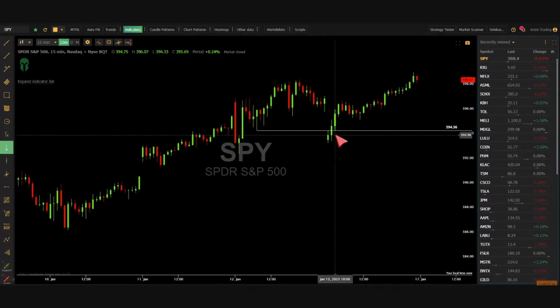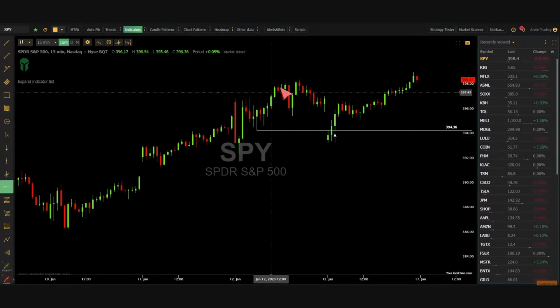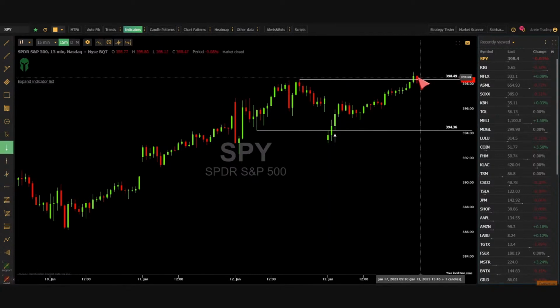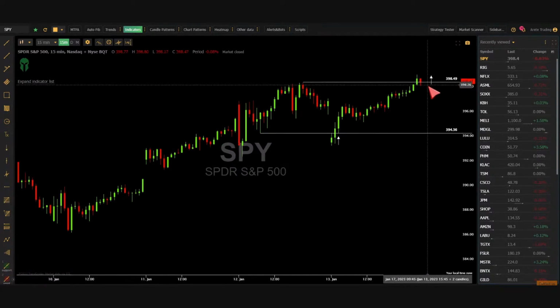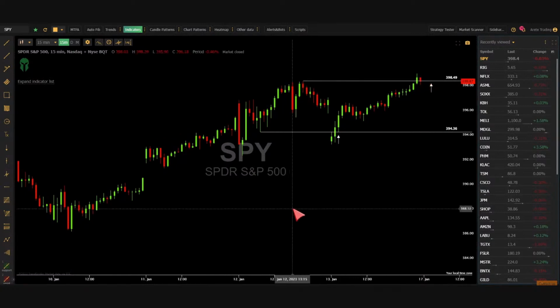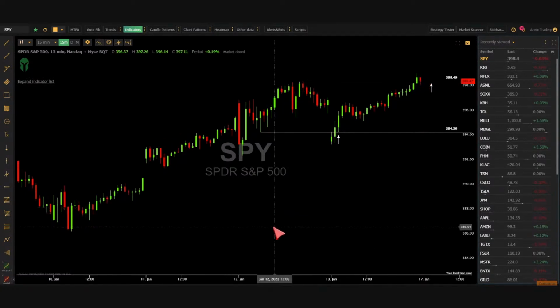This made it a support level. No different than when this popped up here, this attempt, and then the fail, when we cut through, would make that resistance. Now, we still have to see how this plays out on Monday or Tuesday rather, but that's the general concept of support and resistance.